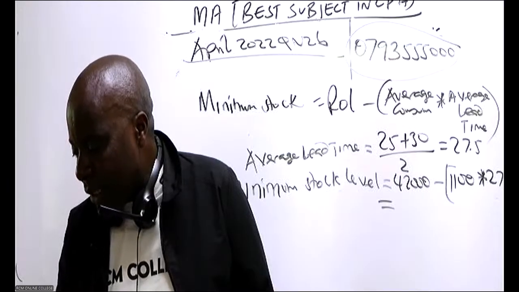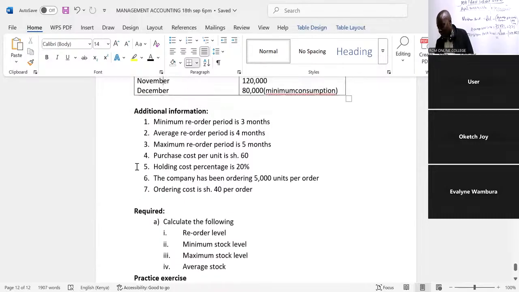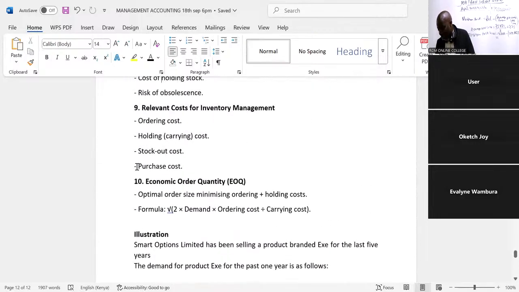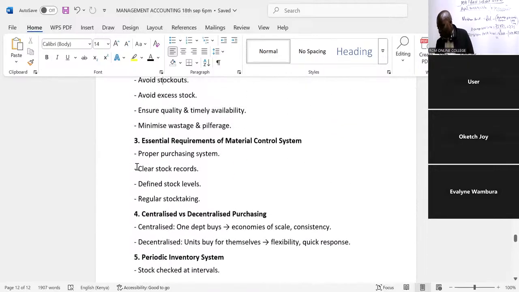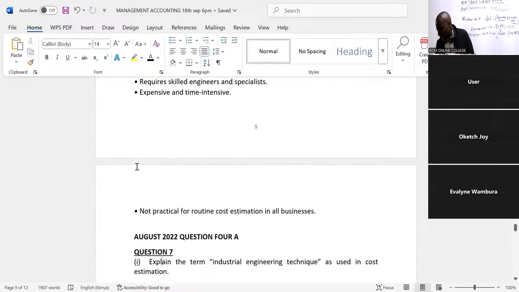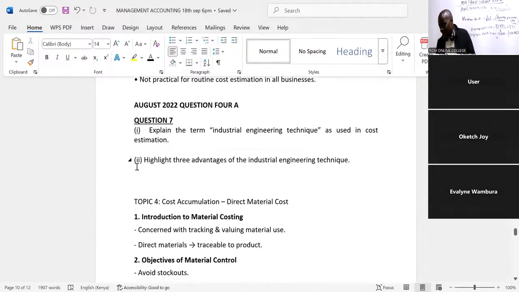All right. So in terms of cost accumulation for materials, this is what I want us to read, just very few things, and then we get ahead rolling. These are very easy topics. So if you go to, it is not numbered, but you'll be able to see, topic number 4, cost accumulation among the last pages.